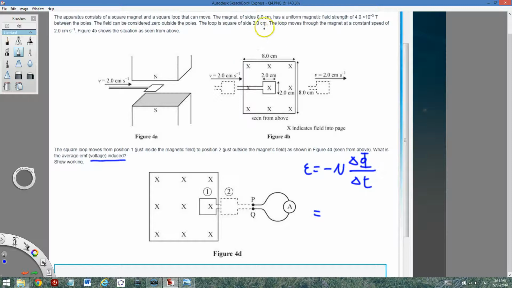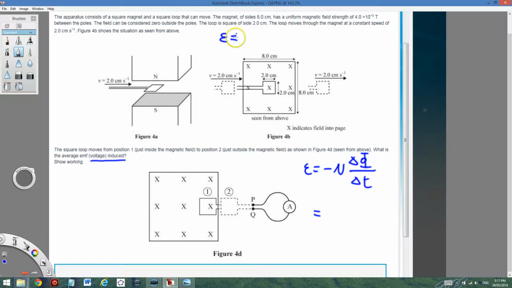The induced EMF can also be calculated by another equation. Now write this equation in your summary sheet.